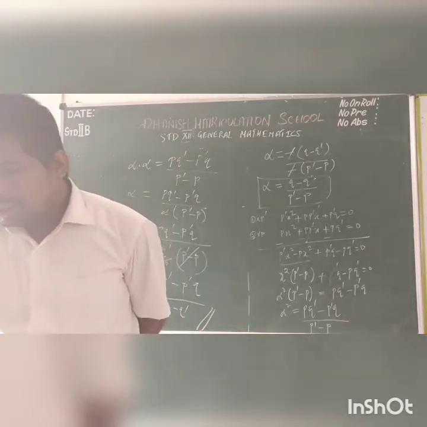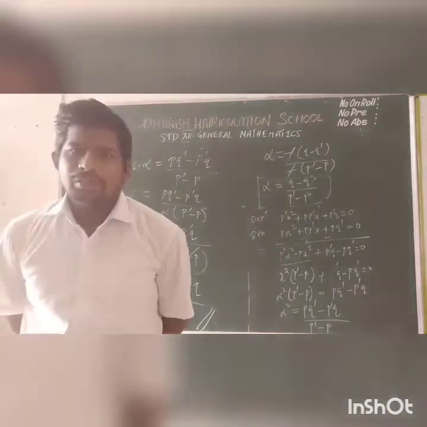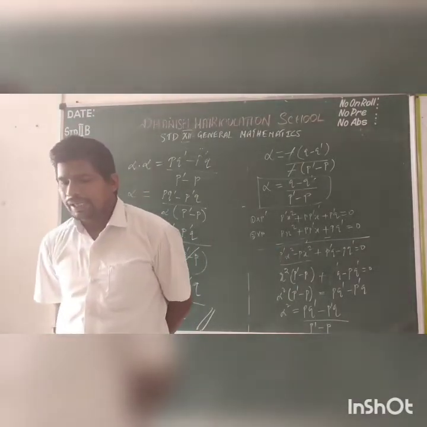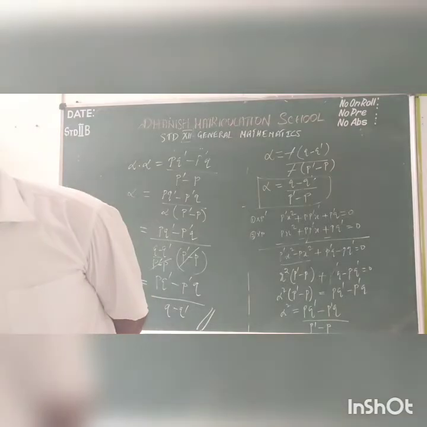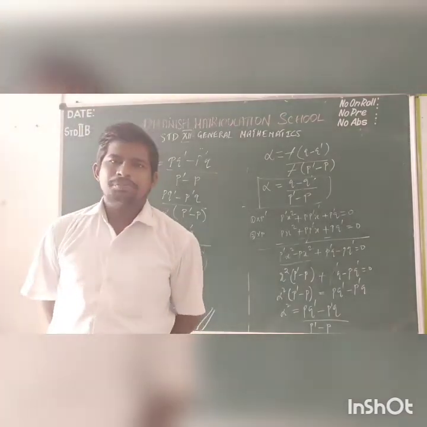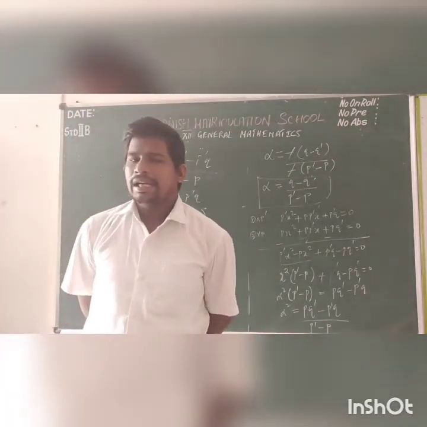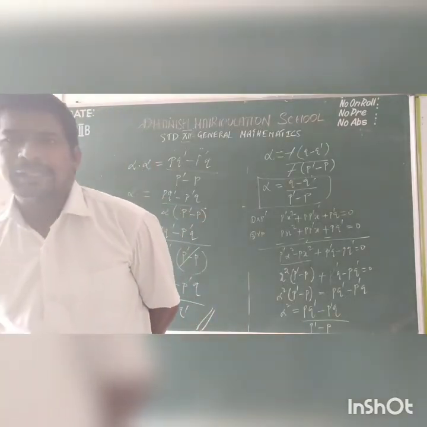In this problem we are going to find a quadratic equation whose roots are alpha plus beta plus gamma plus delta and alpha beta gamma delta.